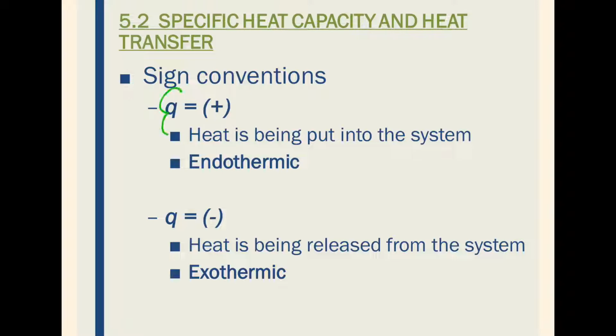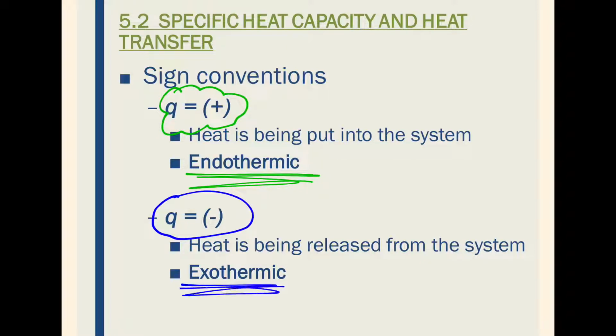So the convention is if Q is positive, that means we have an endothermic process, whereas if Q is negative, that means we have an exothermic process. Don't worry about the bullets there; they kind of make it look like two different negative signs. So positive Q means we have an endothermic reaction or process, heat's being added to the system. If Q is negative, it means heat is being released from the system into the surroundings. In other words, it's exothermic.